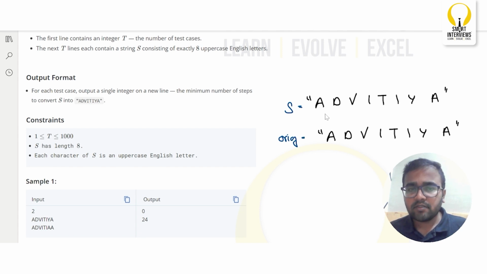Now in how many operations can you convert the given string to this string? If you observe, both are the same. So the minimum number of operations is 0. You need not change any character. So the output is 0.